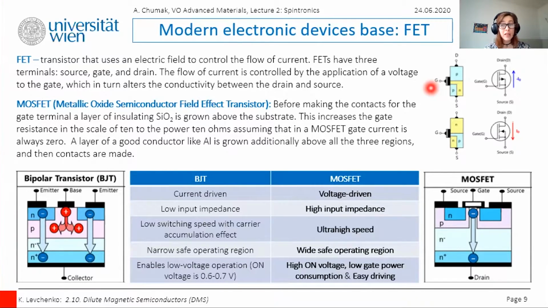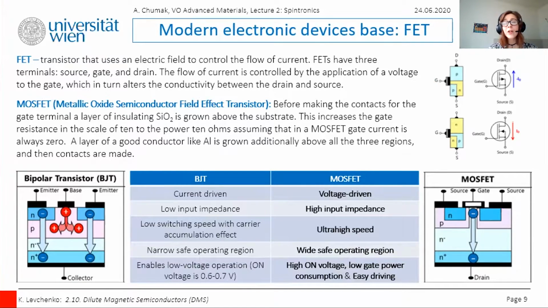FETs also could be made smaller than a bipolar junction transistor, and along with their generally low power consumption and power dissipation, it makes FETs better for integrated circuits and applications such as the CMOS range of logic chips.